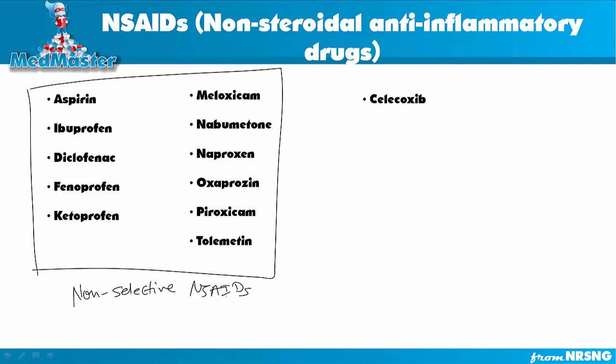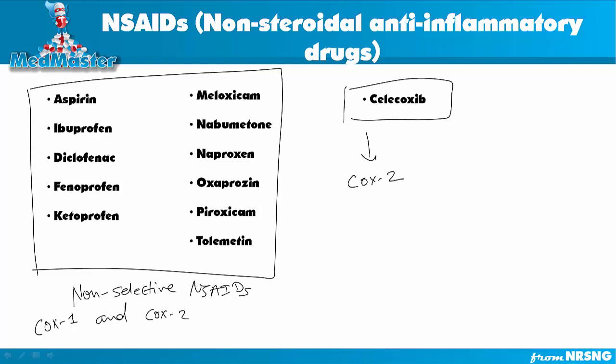These drugs block COX-1 and COX-2 both, while celecoxib only blocks COX-2. So celecoxib doesn't have side effects like stomach bleeding, kidney failure, and prolonged bleeding, since it only blocks the COX-2 enzyme, not COX-1.